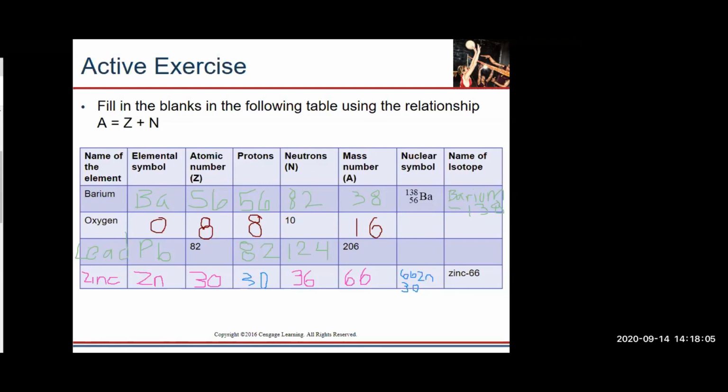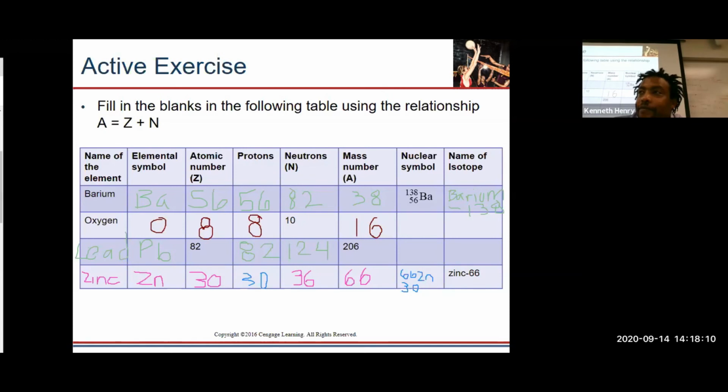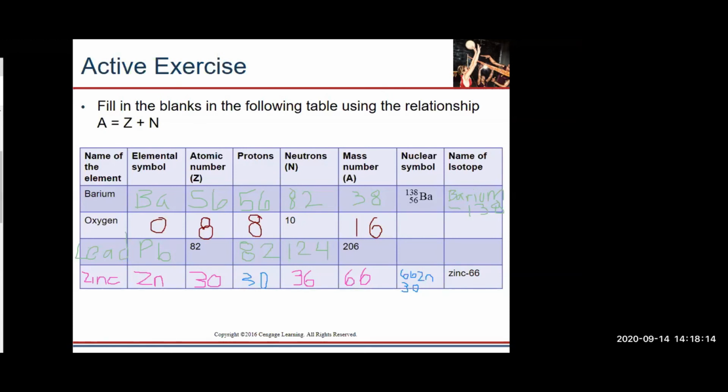So for the element symbol, I wrote Ba for barium. We got the atomic number 56, proton number 56, neutron number 82, mass number 38, and then the nuclear symbol is already written in there, and for the name of the isotope, we got barium-138.